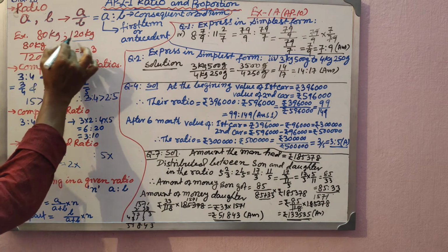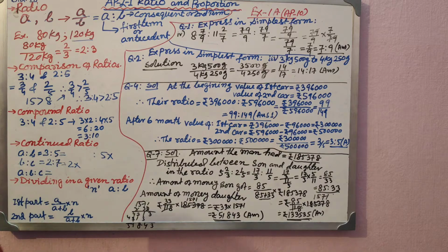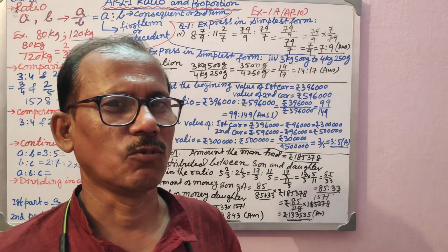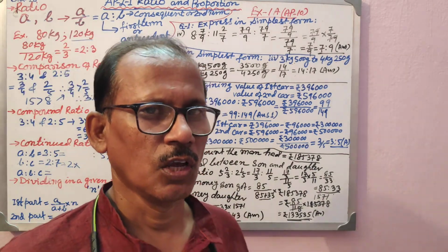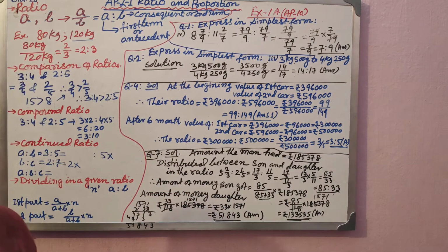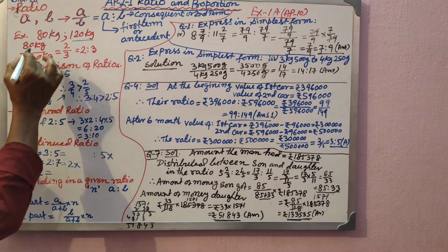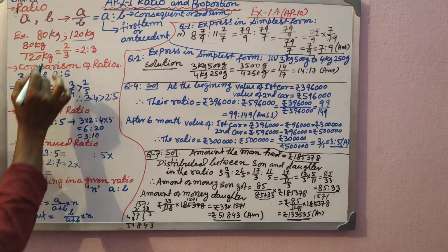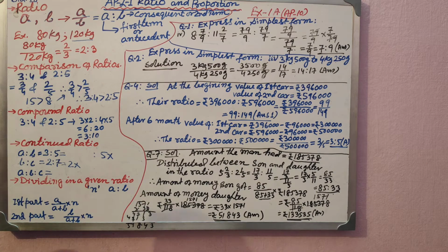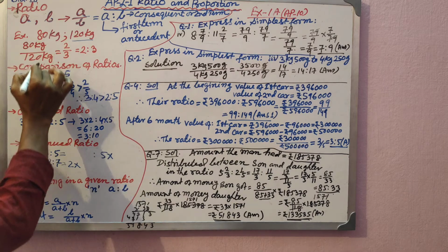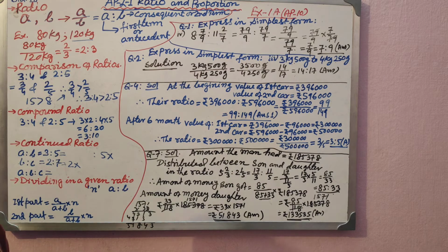So I have taken 80 kg and 120 kg. Suppose two students: one student has 80 kg weight and another student has 120 kg weight. What will be the ratio between the first student and the second student? Definitely the ratio will be 80 kg divided by 120 kg, and kg will be cancelled. See, ratio doesn't carry any unit.